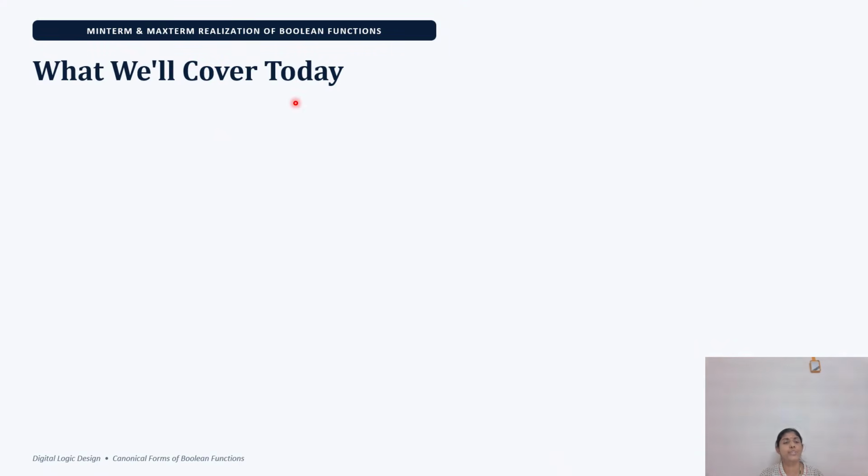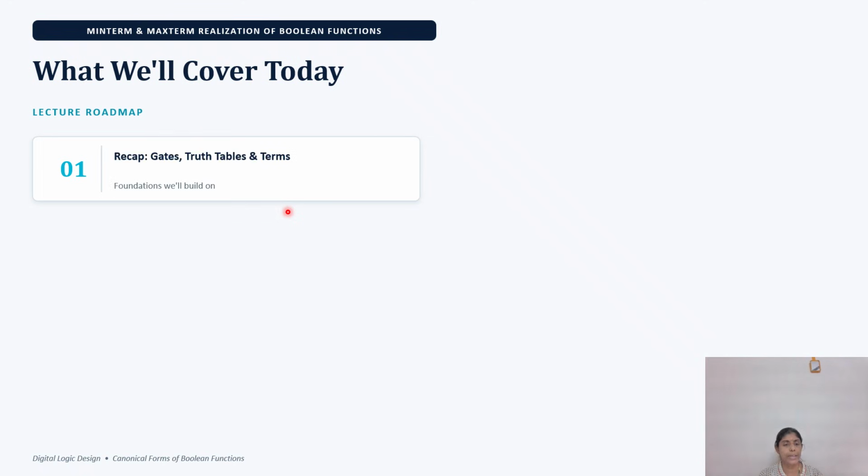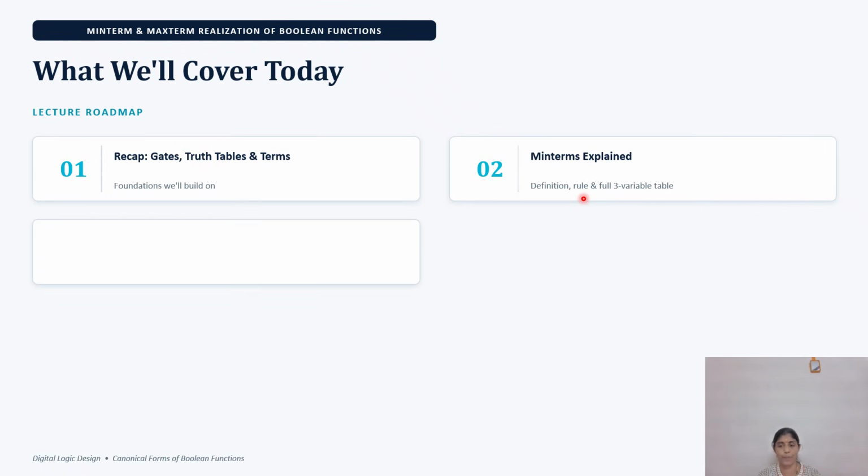What we are going to cover in today's class. Lecture roadmap. First, you are going to learn a recap of gates, truth tables, and the terms. This is the foundation for all digital logic systems. In the second session, you will learn the minterm explanation: the definition of a minterm, the rule, and the full 3 variable truth table.